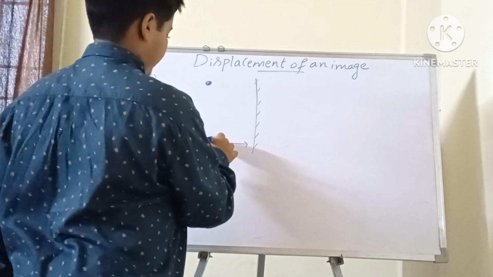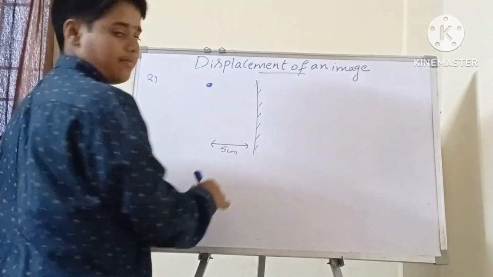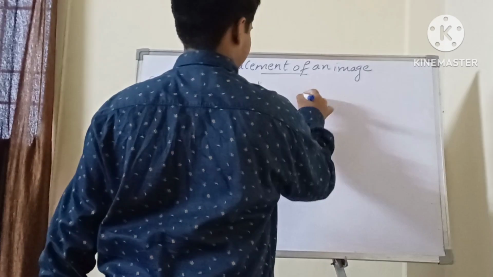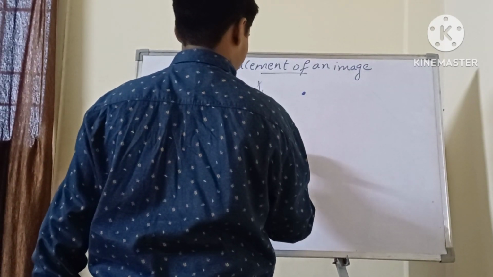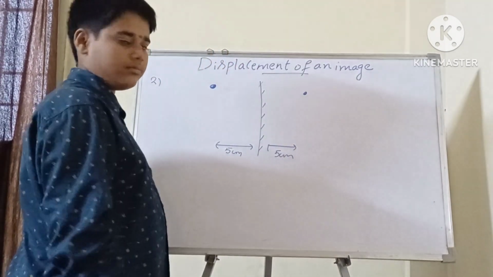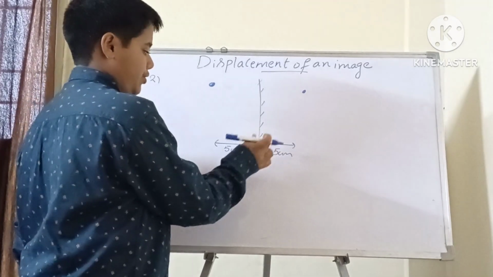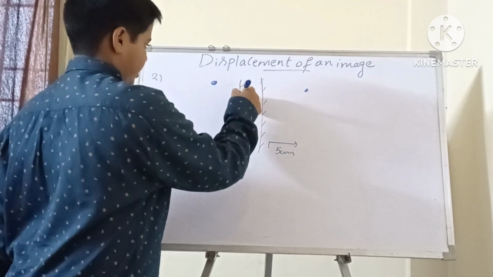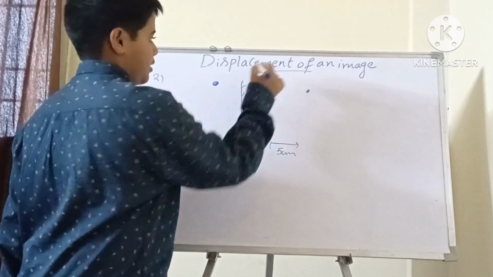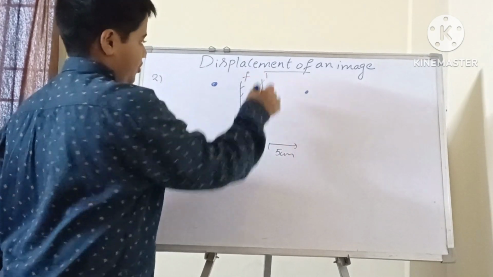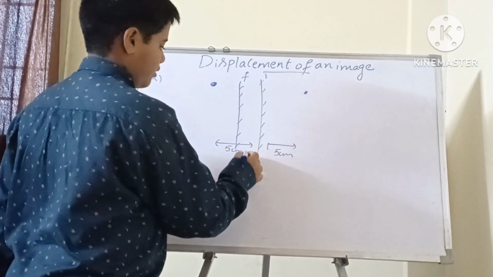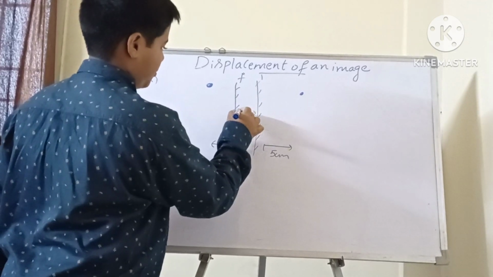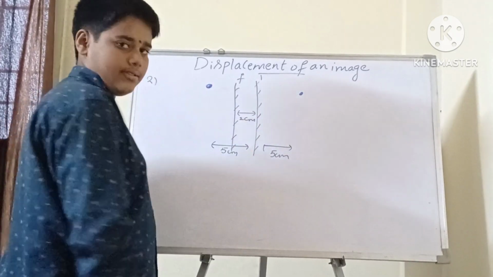The distance between them is 5 centimeters and the image distance is also 5 centimeters. I am changing the position of this mirror. Here the mirror is at the final position, and this is the initial position. The distance between these two positions is 2 centimeters.